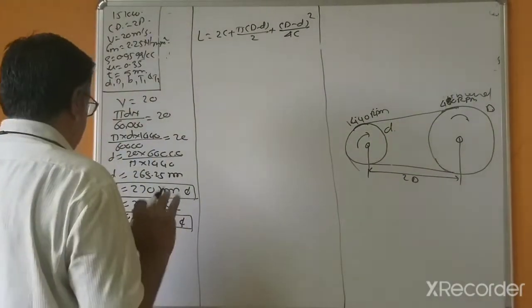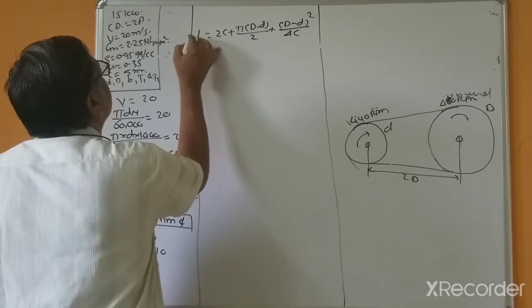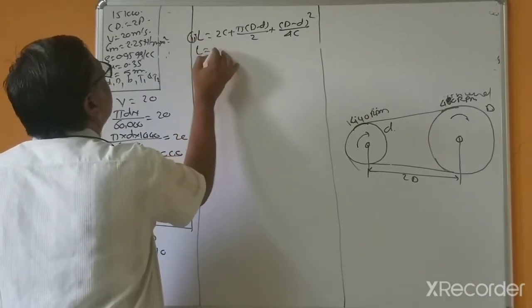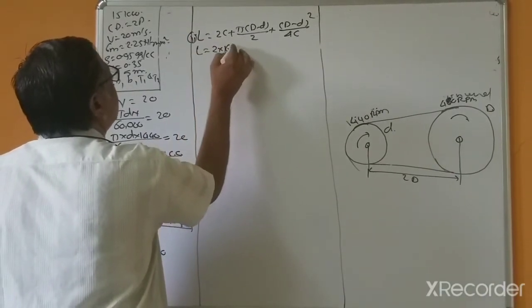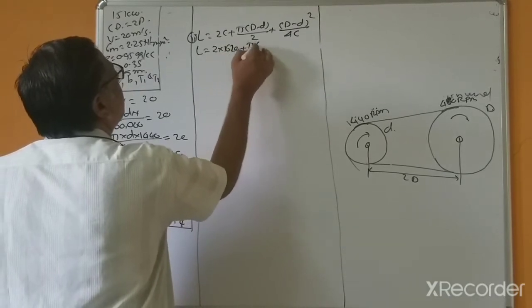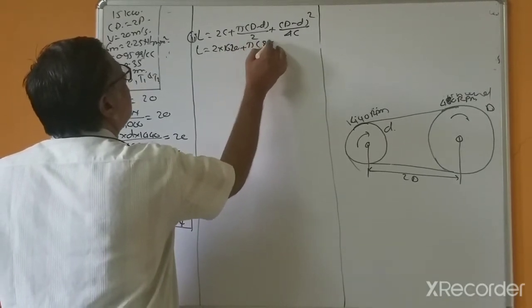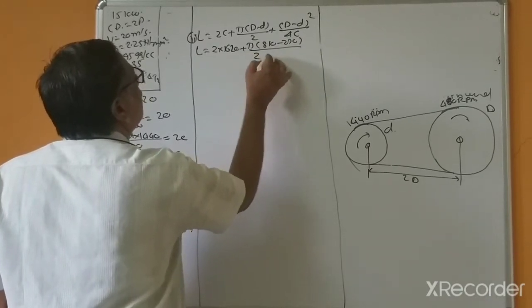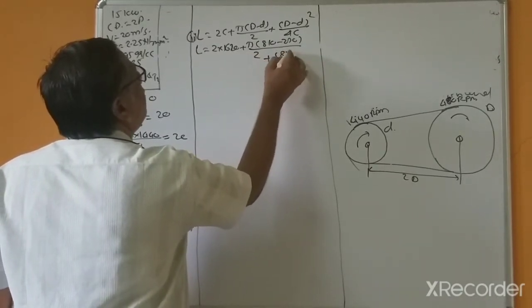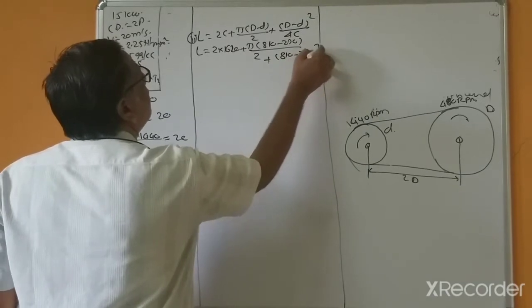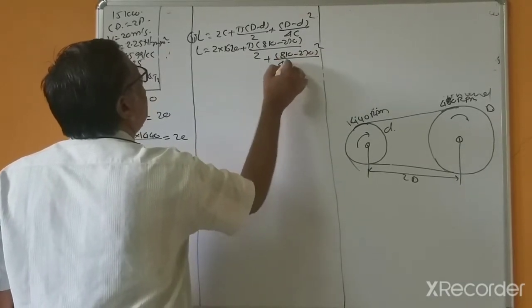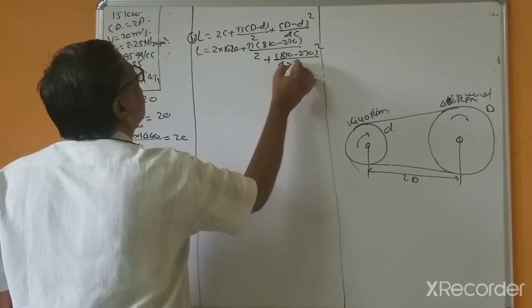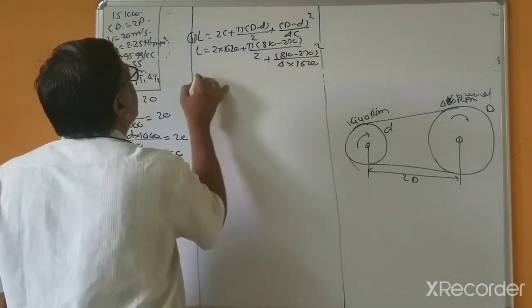Right. Now you can calculate. This is the second part, length of the belt: 2 into 1620 plus pi into 810 plus 270 divided by 2 plus 810 minus 270 whole square divided by 4 into 1620.